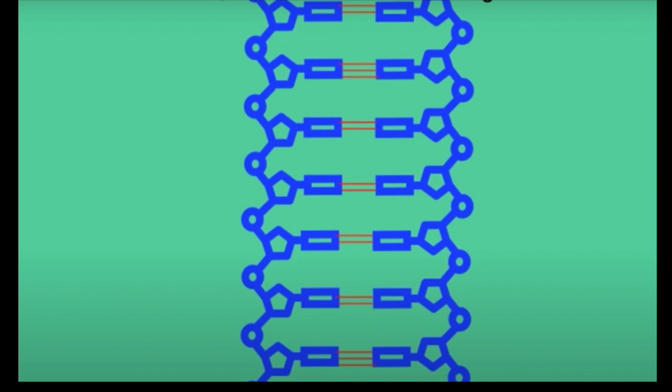But if this one's adenine, it's only going to have the right configuration to bond to a thymine by two hydrogen bonds. And if this one's guanine, it's only going to be able to bond to a cytosine. So A bonds to T and G bonds to C, or the other way around as needed.